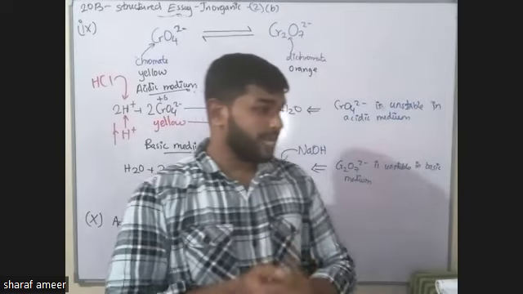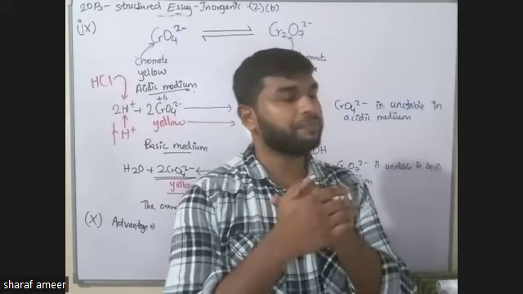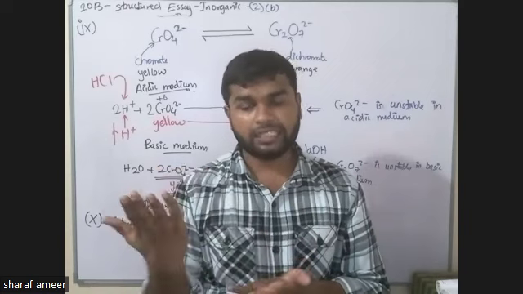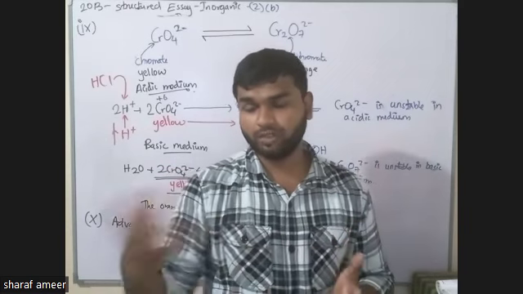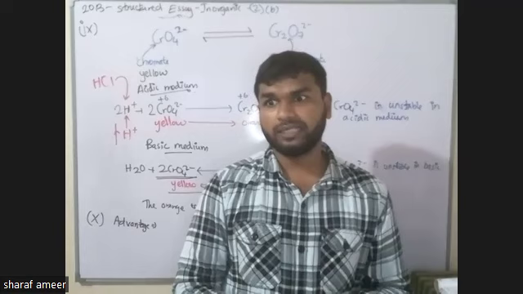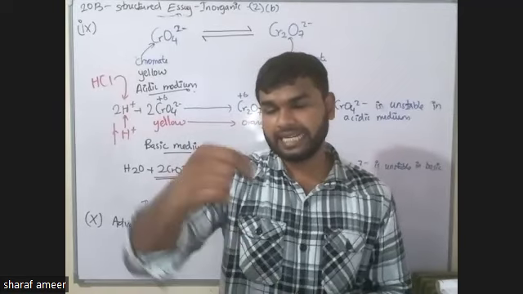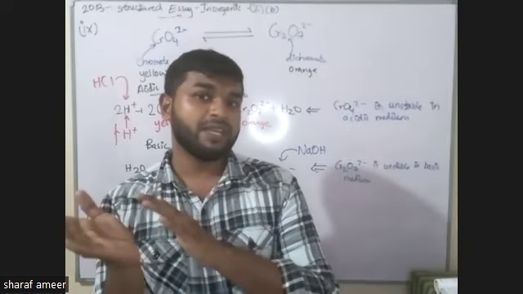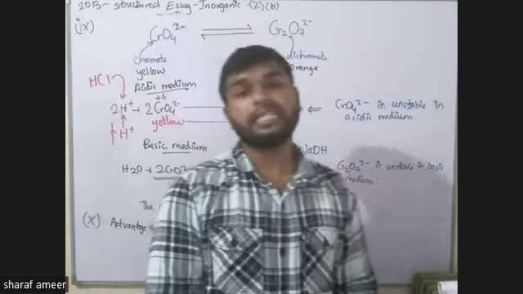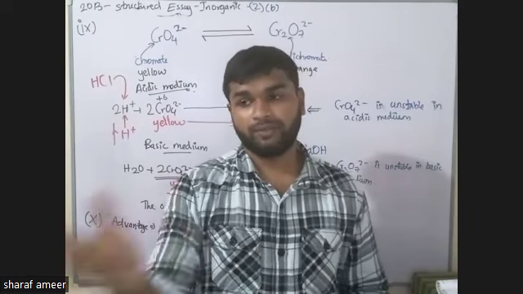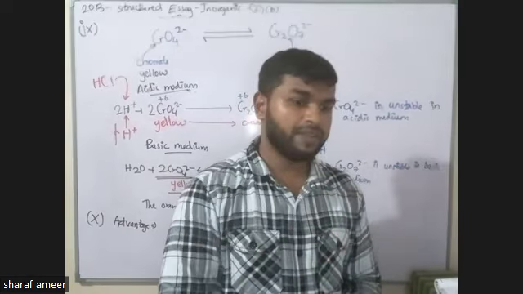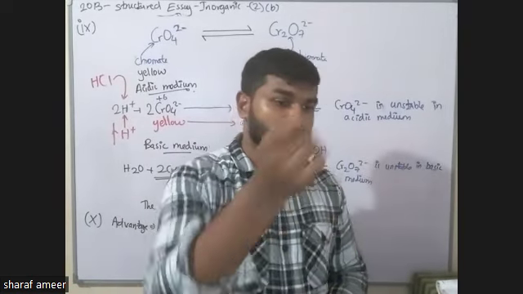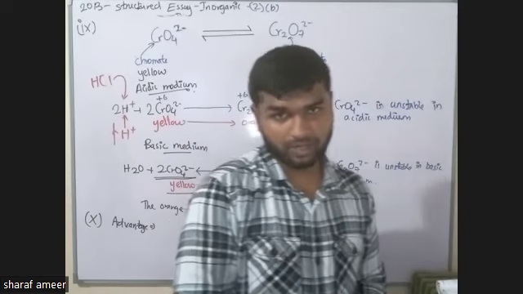Dichromate is especially used as a primary standard for titration, especially for the halides. For the identification of halides, we use potassium dichromate in the titration process. Since this is a very strong oxidizing agent, it can be used to oxidize certain halogens, like halides. For example, if you take chlorine in the presence of chloride ions, you can use this for titration purposes.